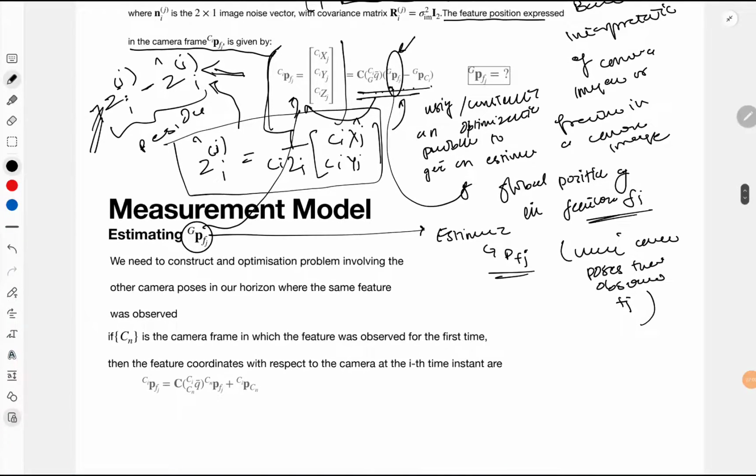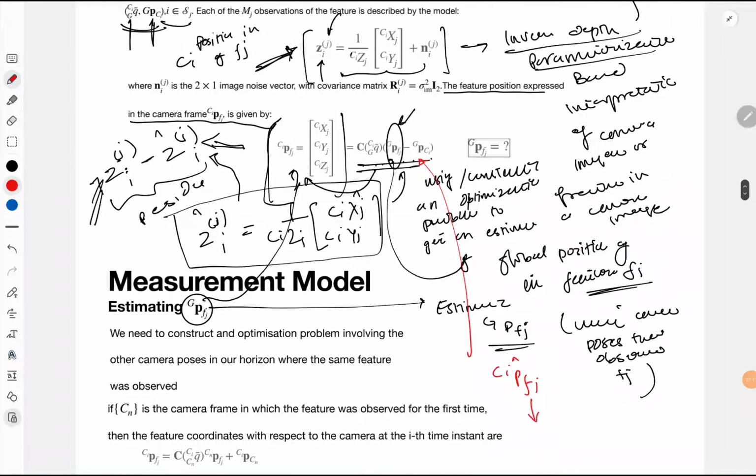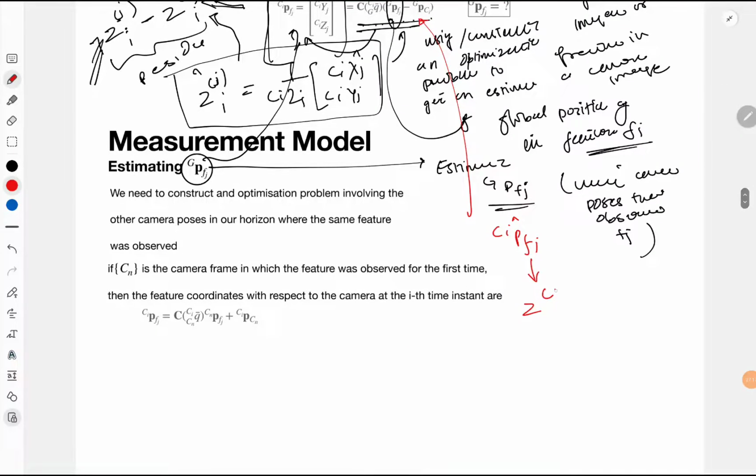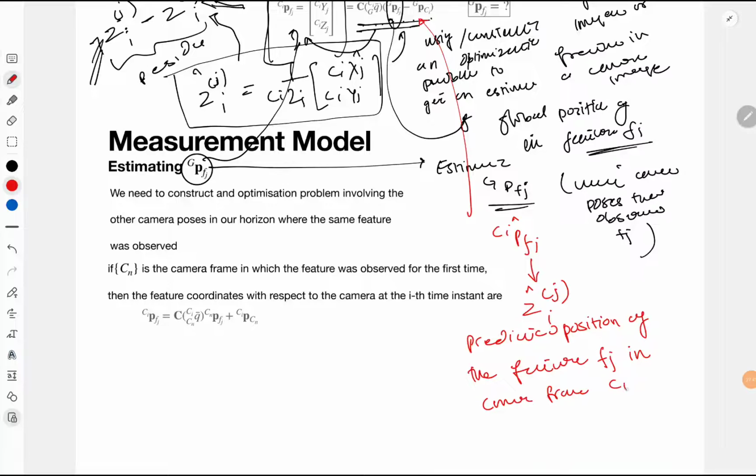Once you have this, you would use this formulation to figure out the predicted position of the feature fj in camera frame ci.